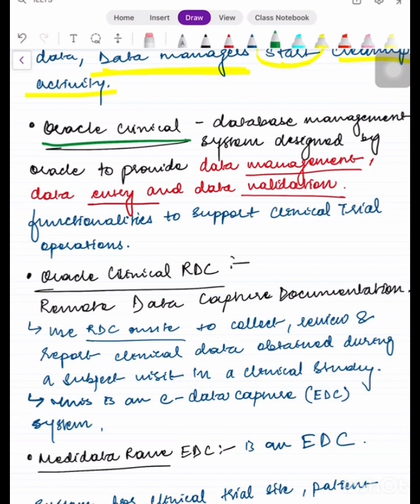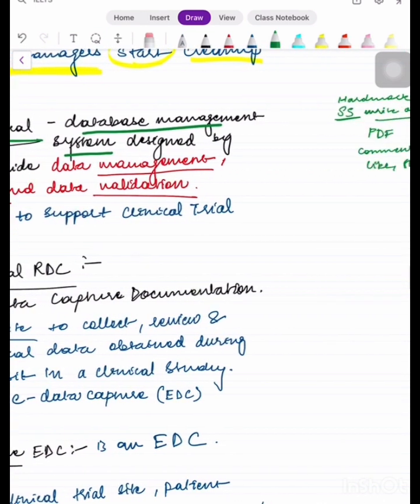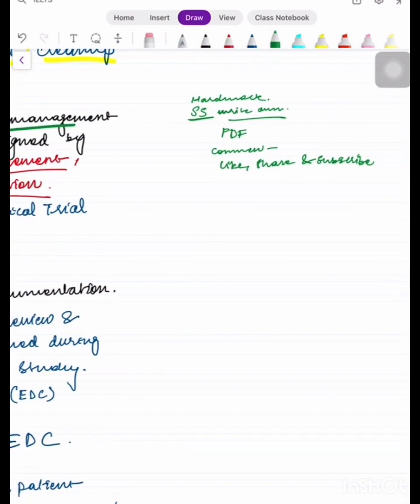So Oracle Clinical is a database management system. Now, we all are pharma students, most of us, and you would know that when you go to certain pharmacy shops, the modernized ones nowadays have billing software known as Mark. This software has one database.